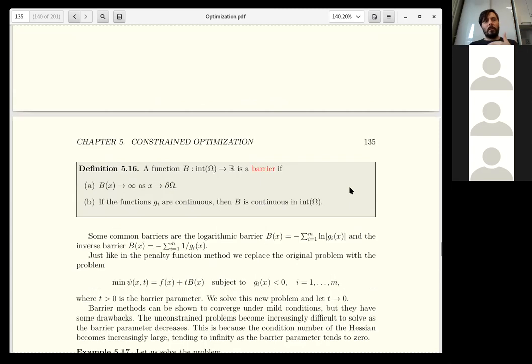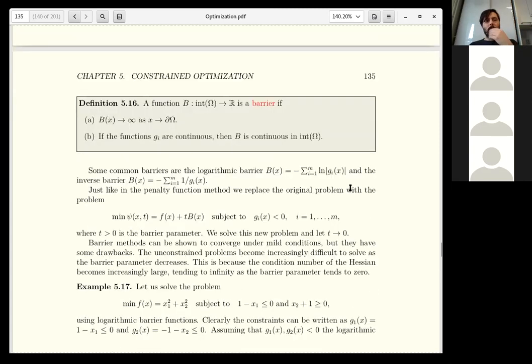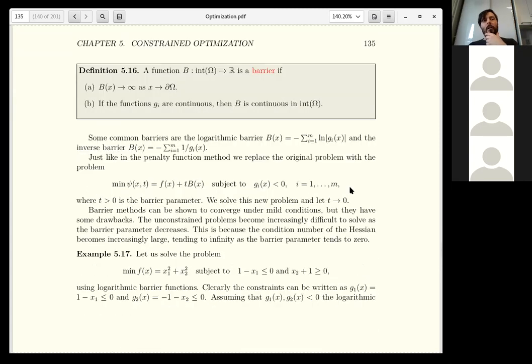Here is the function definition. It's a barrier if the barrier function of x approaches infinity as x approaches a boundary point of the region. So when we are approaching this region boundary, it approaches infinity.